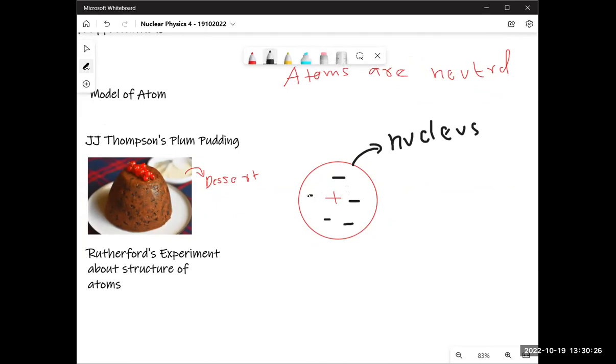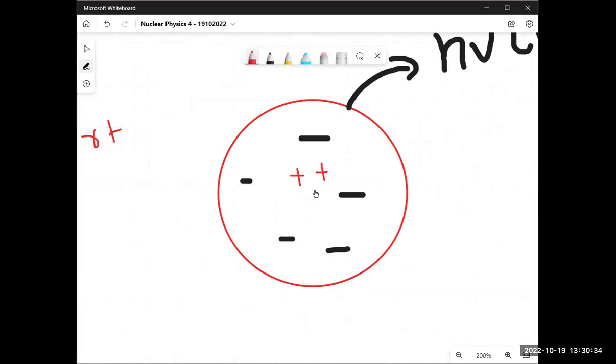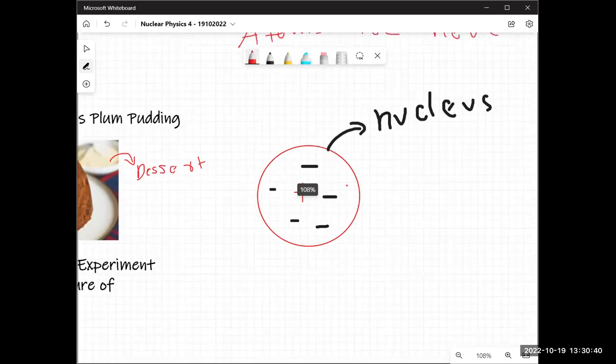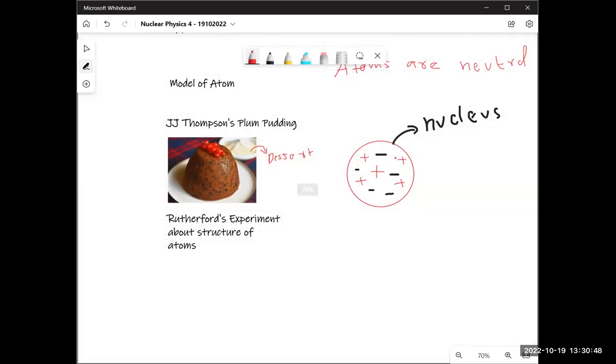These small negative charges. Now we must balance this out. So let's balance it. Let's say I have 1, 2, 3, or a big charge like this. And these negative charges are balancing out. Let's say 5. This is what Thomson suggested.